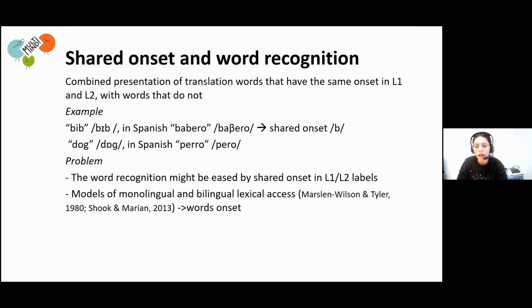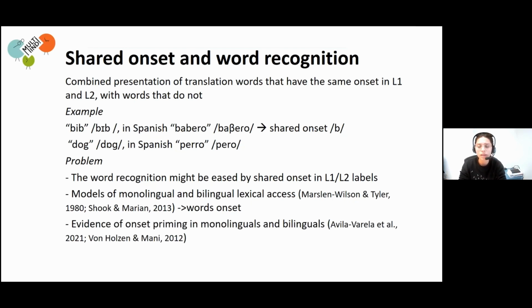So until you gather more information from speech, you are really depending on what you hear first. That's it. The onset of the words has a really huge impact on word recognition. And as soon as you start hearing the onset of the word, you start to activate similar sounding words. And different studies run with monolingual and bilingual children have found these phonological priming effects only on the onset of the words.